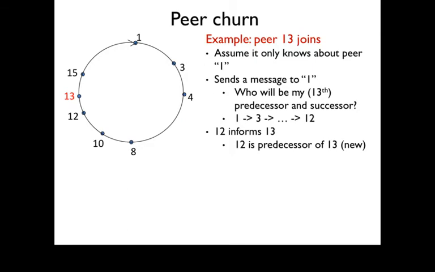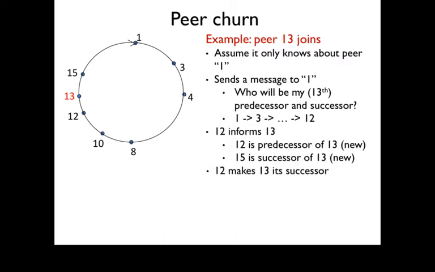12 then informs 13 that, okay, I am your predecessor. That's how 13 knows that 12 is its predecessor. And 12 also tells 13 who its successor is. Before 13 joined, 12's successor was 15, so it can tell 13 that my successor is 15.